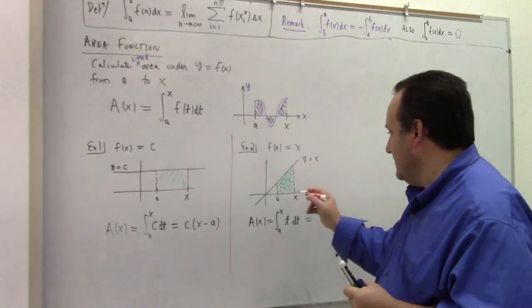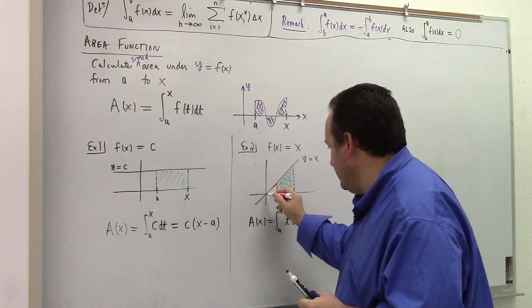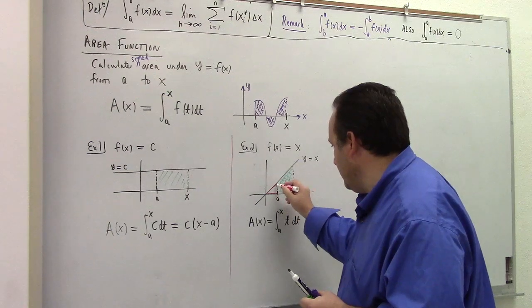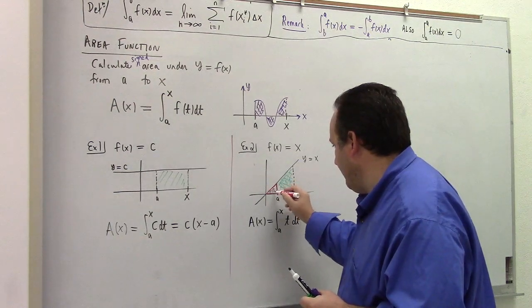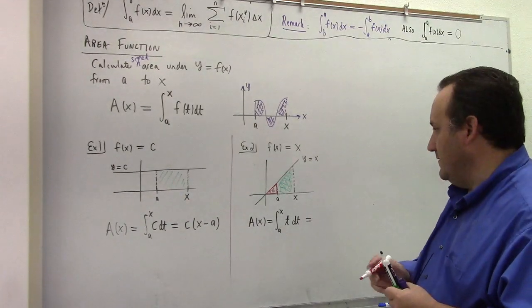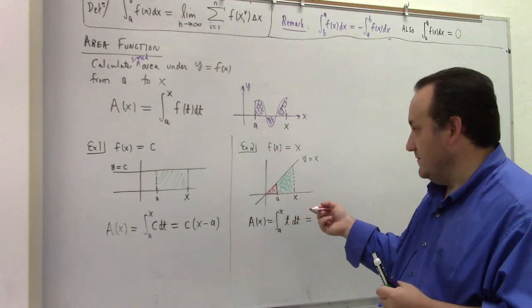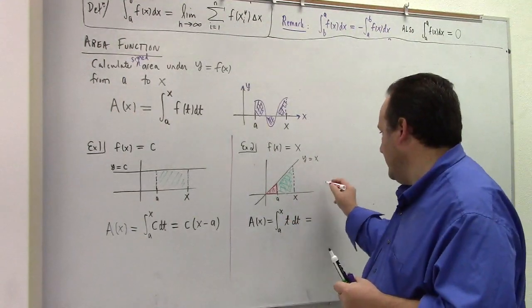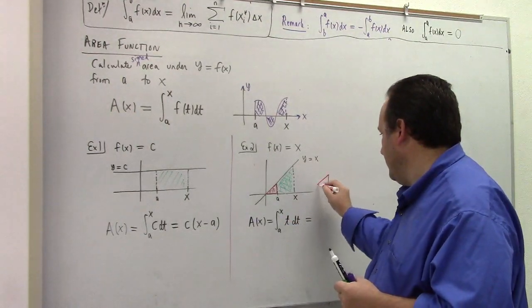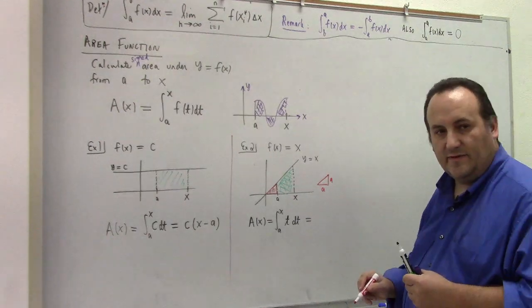X minus a times... What's this area? So it's a triangle, right? The red triangle has a and a there, the base and the height both a.